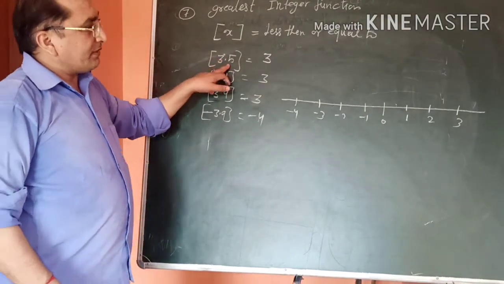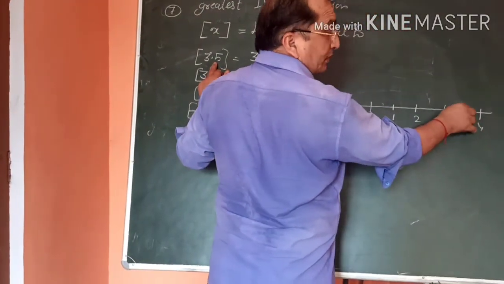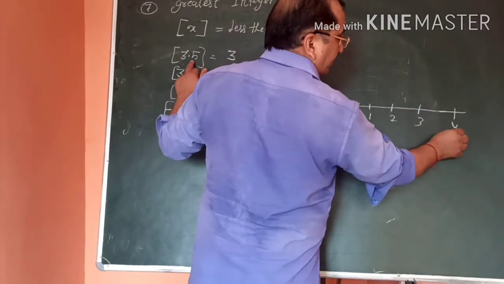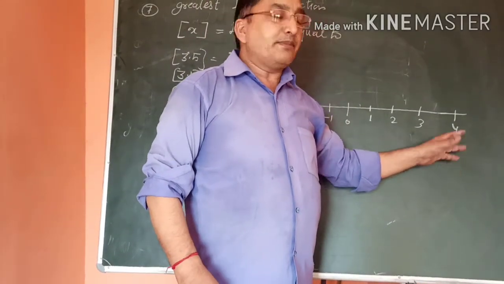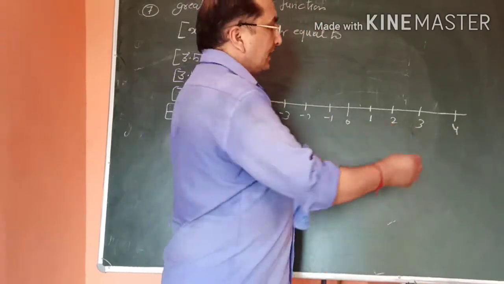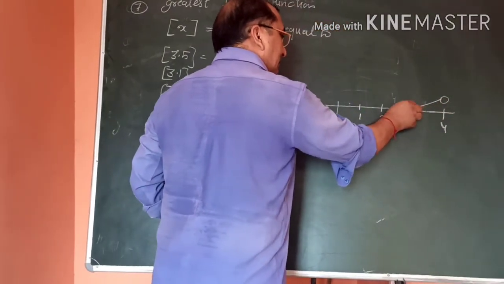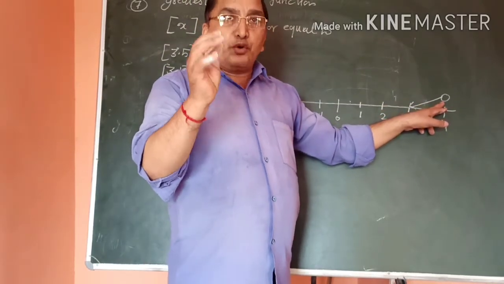Suppose 3.5 is there. 3.5 means this is 4, and 3.5 is approximately here, but its value comes as 3, because from 3 to 3.999 the value will come to 3. Whatever values we have here, all will act as 3, and this interval is not closed, it is an open interval.